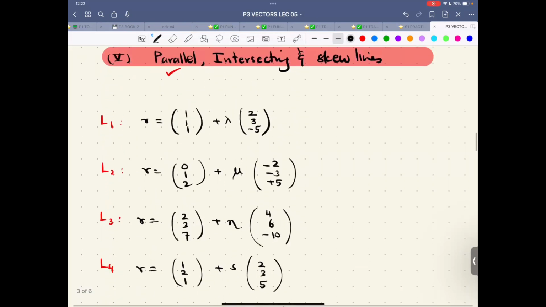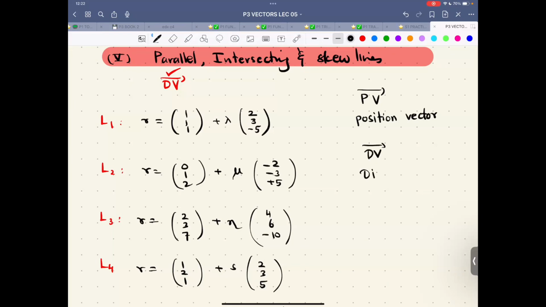And remember, when we talk about parallel, we are talking about the direction vectors. So let me make you aware of the symbols that I use. I use PV for position vector, the vector with respect to the origin. I use DV for direction vector, the decision making vector.